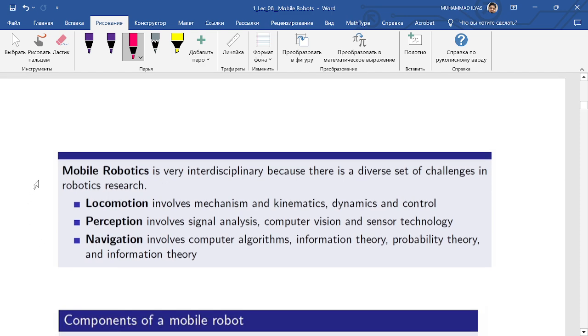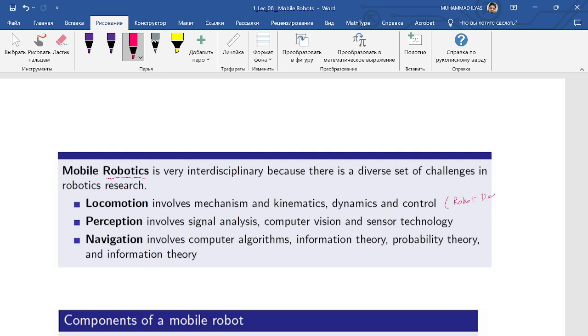Mobile robotics is a very multidisciplinary area. Robotics in general is multidisciplinary, and mobile robots, as a type of robotics, are also multidisciplinary. There are many areas and technologies used in mobile robots. For example, the first one is locomotion, which is the design of the robot.